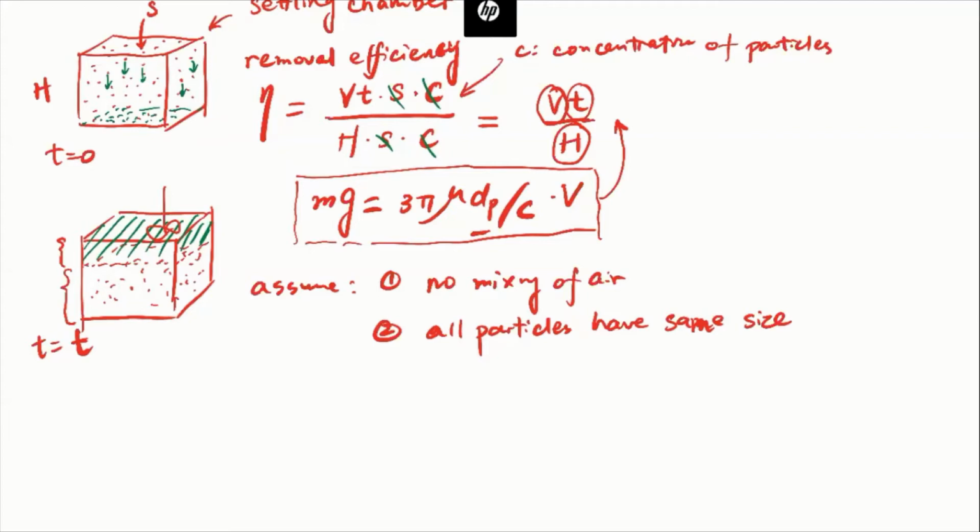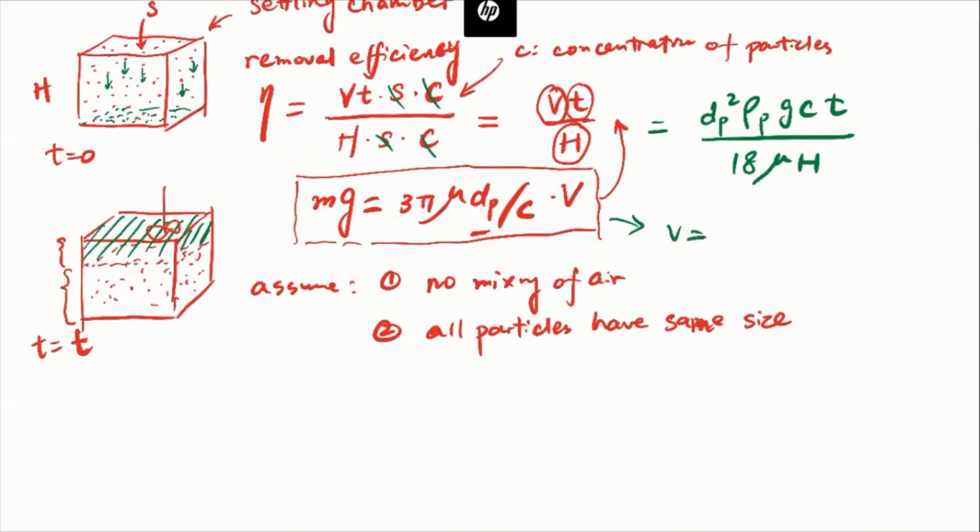You can always derive it later, but here I'll just show you the final answer. That's going to be dp squared, rho p g c multiplied by t divided by 18 mu h. Basically you calculate the settling velocity.